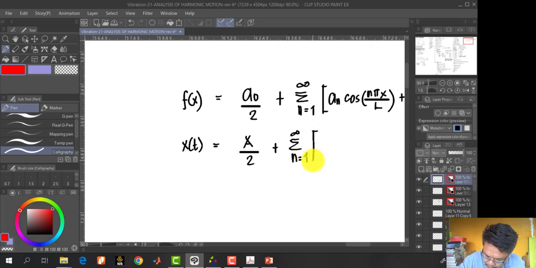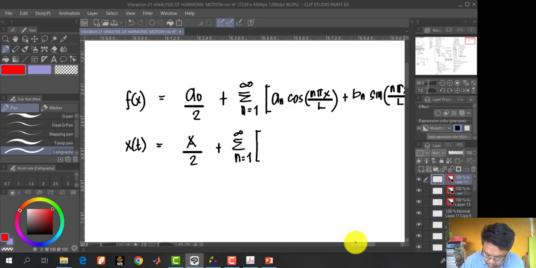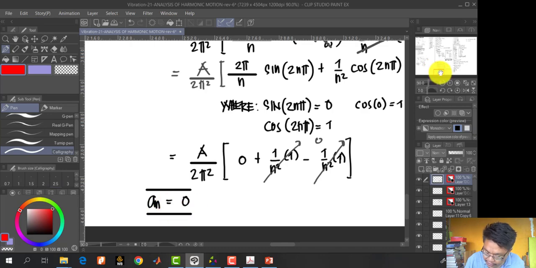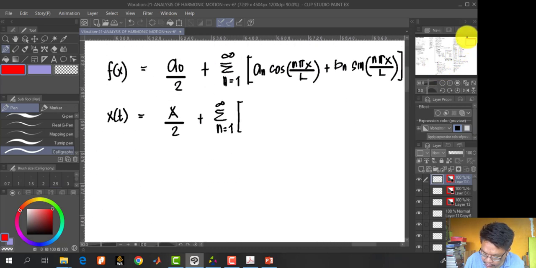Close bracket. For the value of a sub n, that will be 0, so we substitute 0 here.